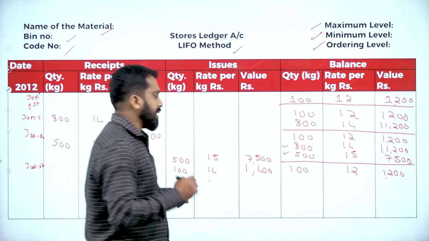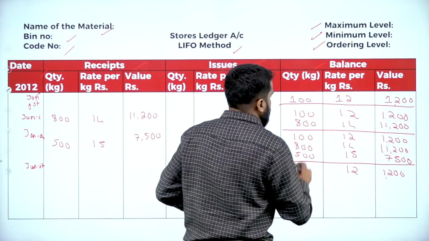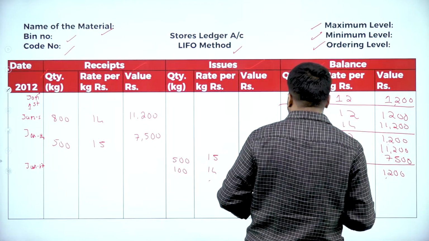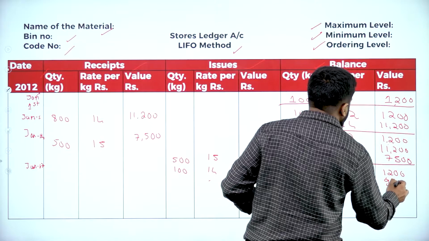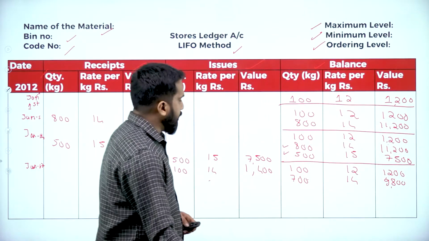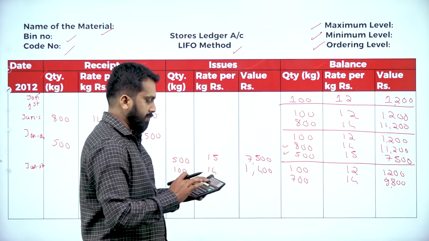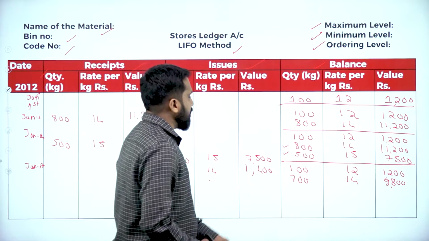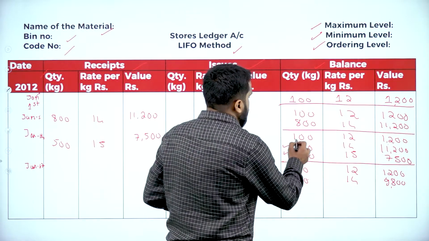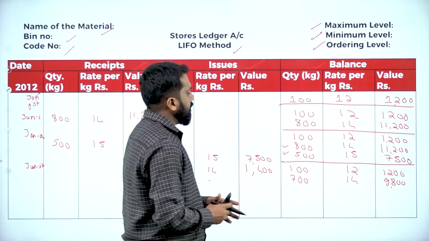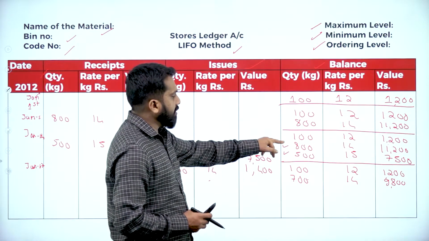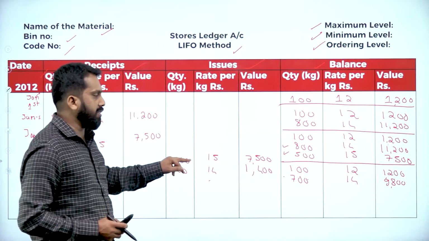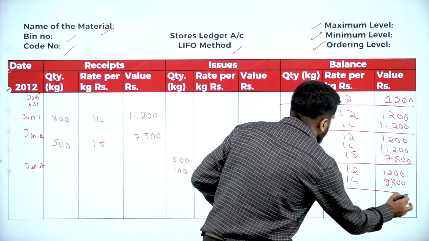The balance is 700, multiplied with 14, which is 9,800. The 500 we have used completely. 100 we copied, 800 we have written as 700 because 100 we have used. Now this is your closing balance.